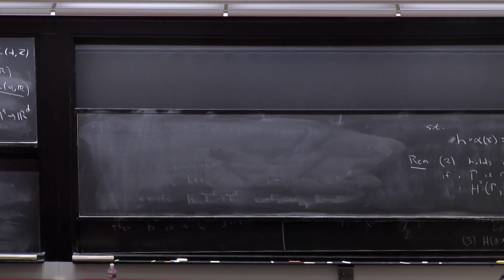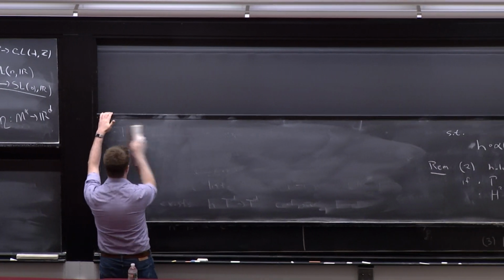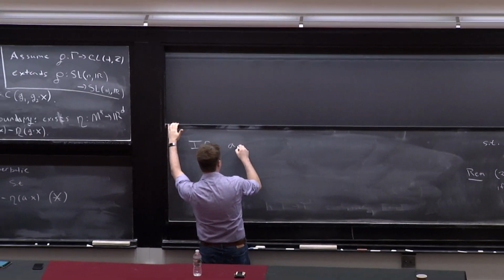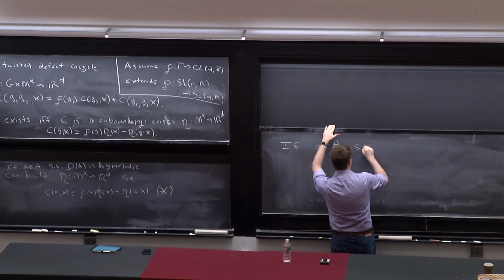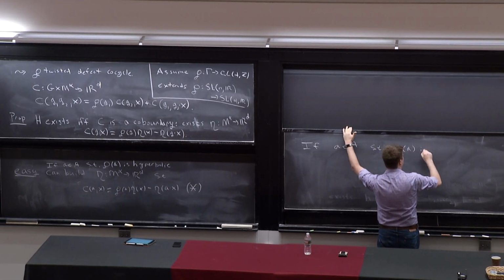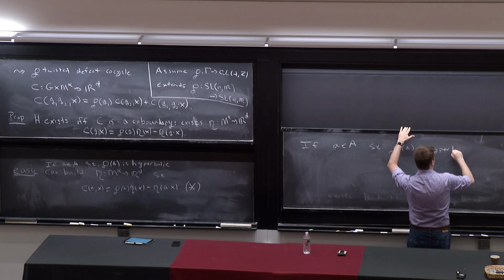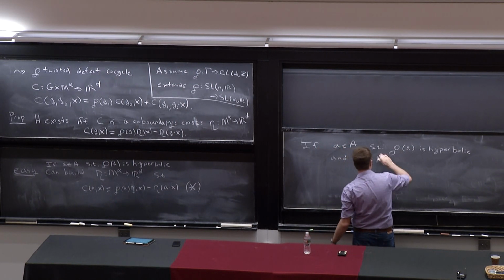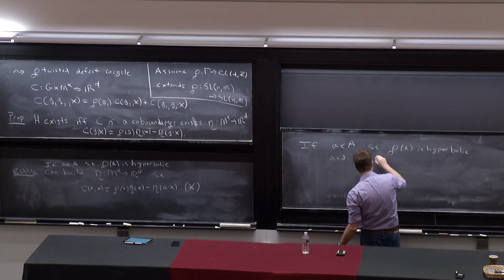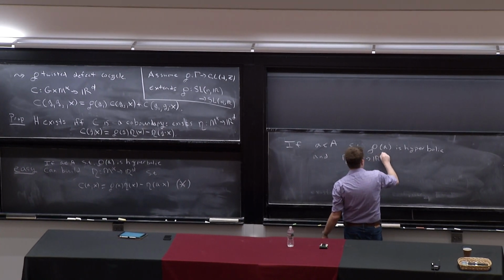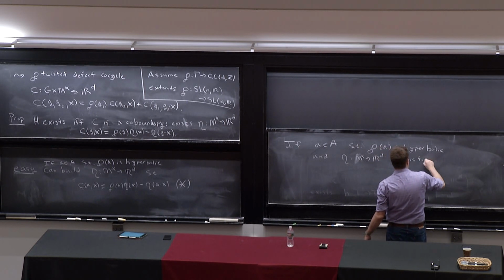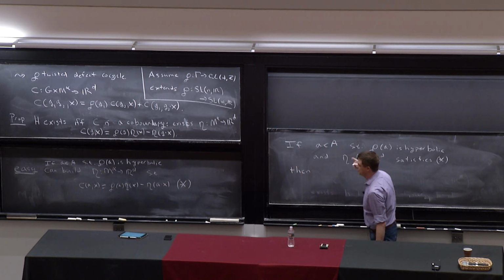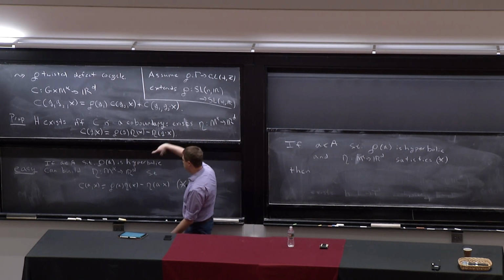And let me call this star here. Again, if A is such that rho of A is hyperbolic, and if you have a function, which is the potential for our cocycle, that satisfies star, then this function solved our cocycle equation, but just for one element of the action.